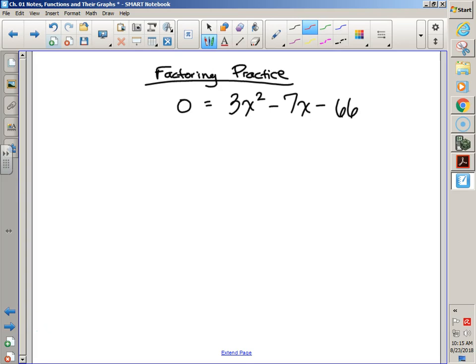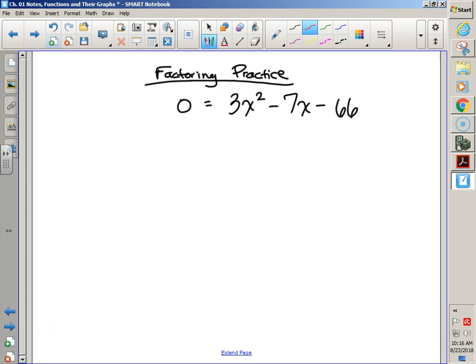We could either try to do 3x times 66, or 1 times x. Guys, would 198 and 1 ever make our negative 7x? No. So that's not a valid option. Now we could just rewrite this and cross that one out, or right here we could switch it, 66 and 1. Would 3 and 66 make negative 7?